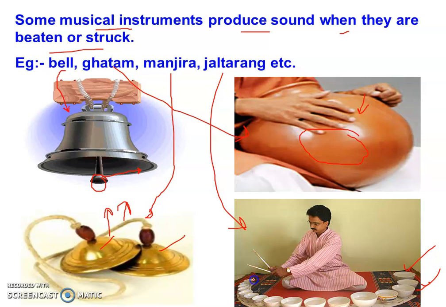Actually there is a level difference of air. इसमें बहुत ज़्यादा air है, इसमें कम है, इसमें और कम है, और इसमें सबसे कम. Air column. When we hit these bowls, due to the air column difference, there is a sound, और वो sound हमें सुनाई देती है म्यूजिक की.